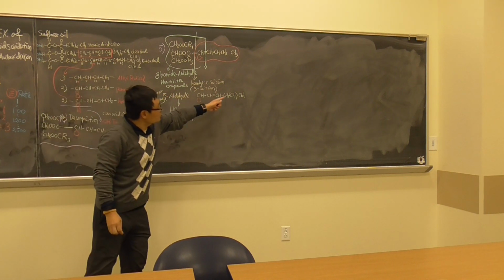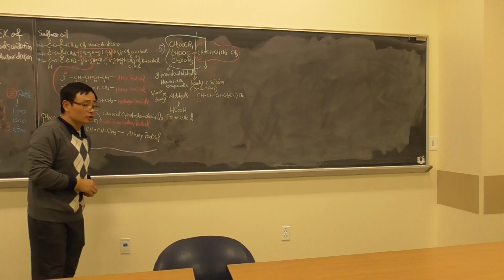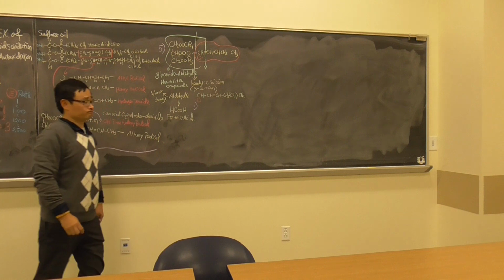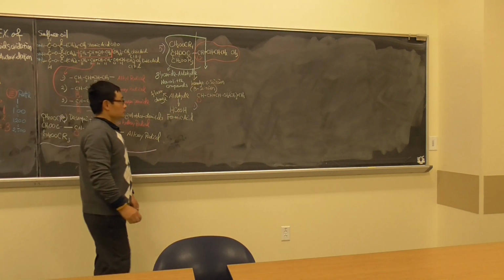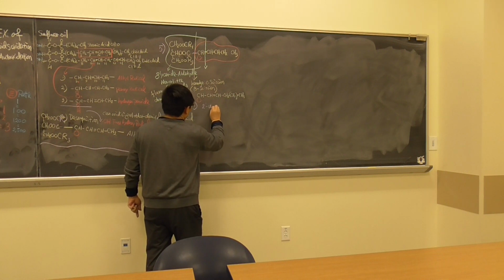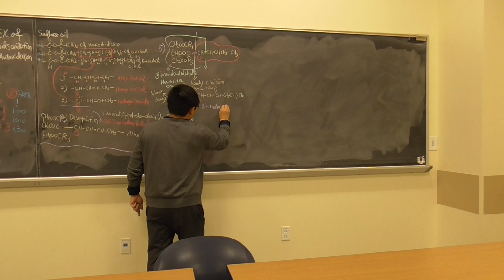Okay, now we're going to talk about this guy. Usually what will happen? Number one, they could stay the same. This is what we call 2-undecenal.